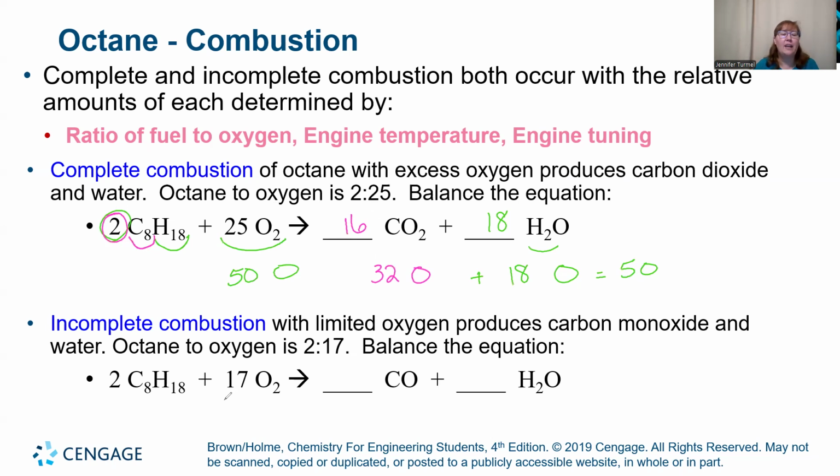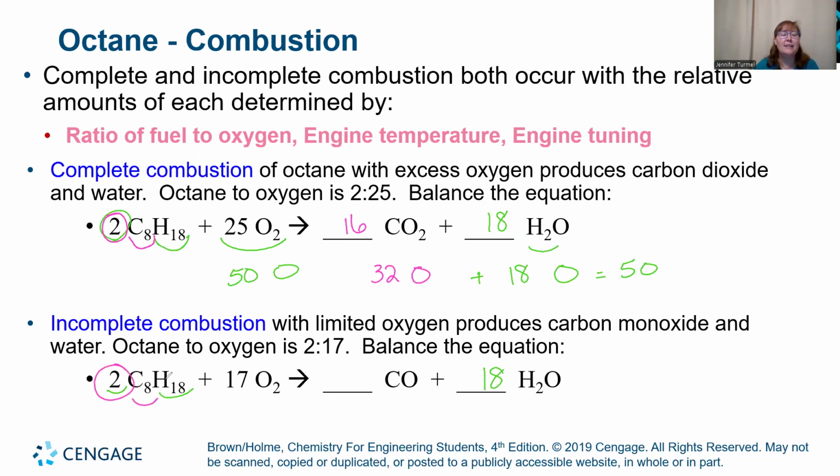So now we can take a look at that again down here. And here we have 17. Oh, actually, we don't want to do that one just yet. I always do my oxygen last because it's in two different places. Okay, so we have 2 and 18 for the hydrogens. So that'll still be 18 waters. Okay, and then we have the 2 and the 8.